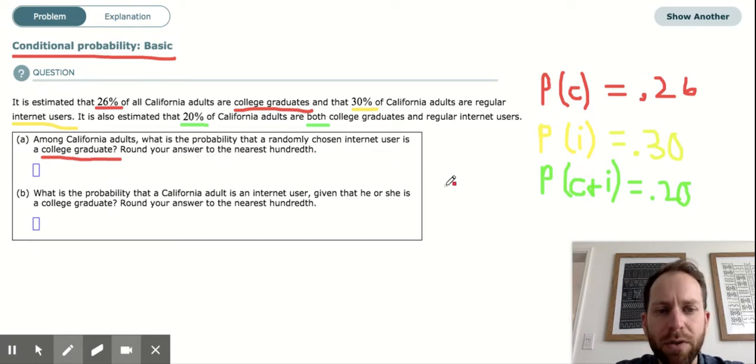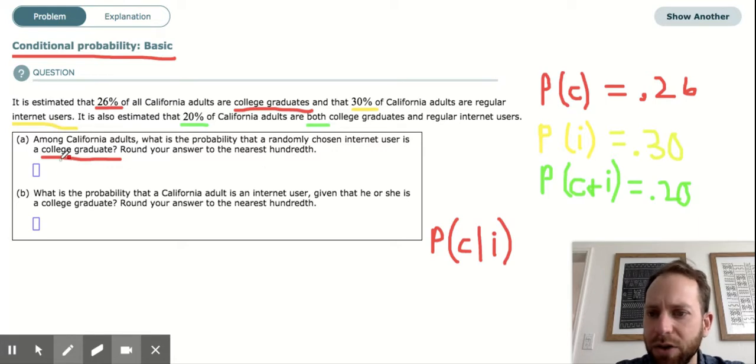So in order for us to do that, we're finding the probability of someone being a college graduate given, that's how you read that, given the fact that they are an internet user. All right, so we're going to try and isolate for the C, the college graduate.